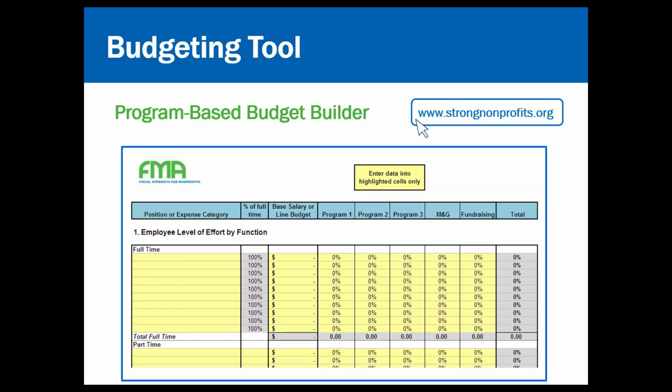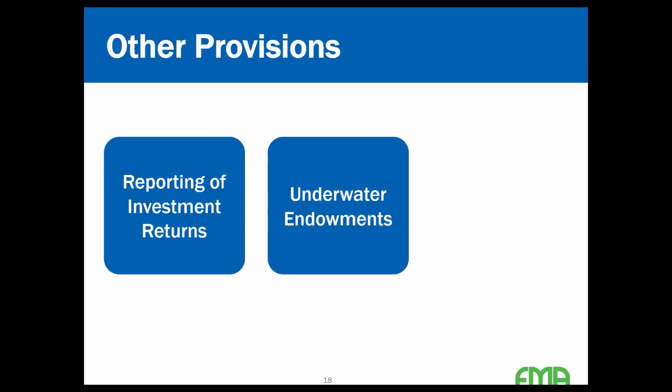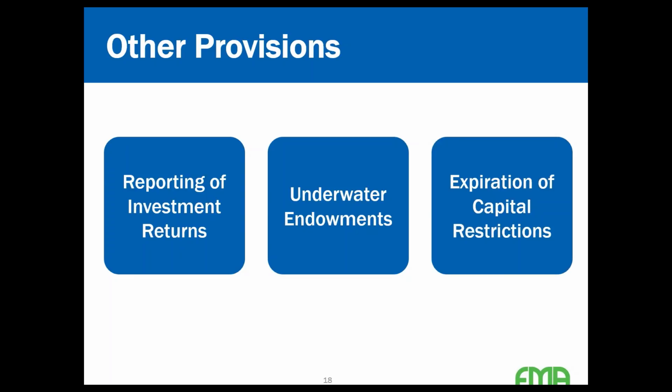If we move to the next slide, again, to recap, FASB has some new guidelines around reporting of investment returns. We briefly mentioned new reporting regarding underwater endowments. So of course, if these are meaningful to you, you're going to be wondering what the new requirements are and how do we comply. And something new around expiration of capital restrictions.